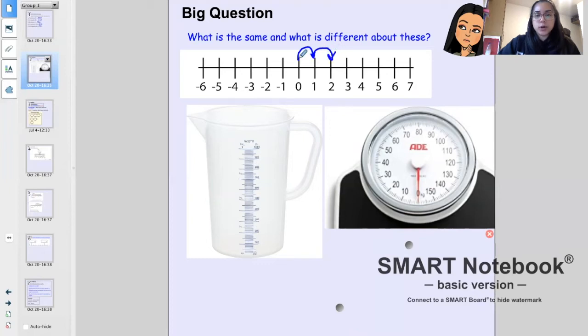Each jump is worth, what's that? 0 to 1 is worth 1. 1 to 2 is worth 1. 2 to 3 is worth 1. What about -2 to -1? This jump here is also 1. Okay, so it's this idea that from each line, so from each increment, it jumps up in equal amounts.